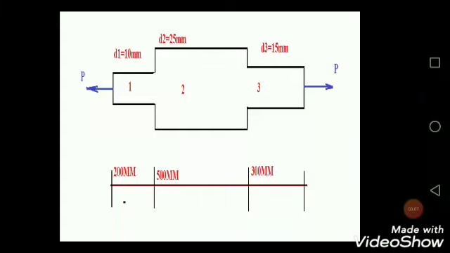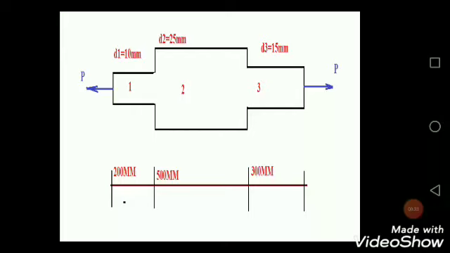Here it is divided into 3 sections, 1, 2, 3, with varying diameter. Diameter 1 10 mm, diameter 2 25 mm, diameter 3 15 mm, length 1 200 mm, length 2 500 mm, length 3 300 mm. P pull, tensile pull as shown in the diagram.